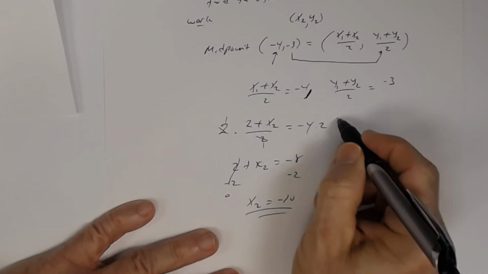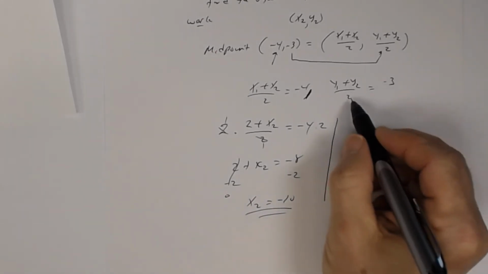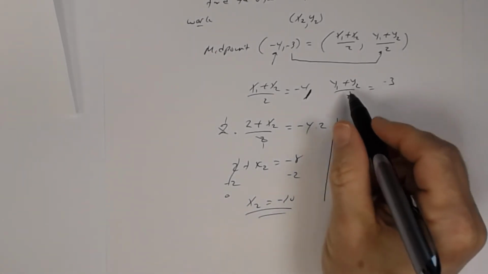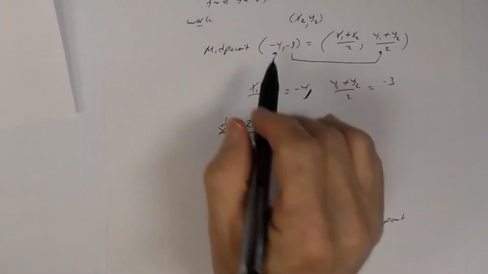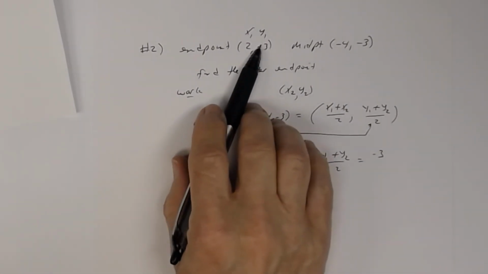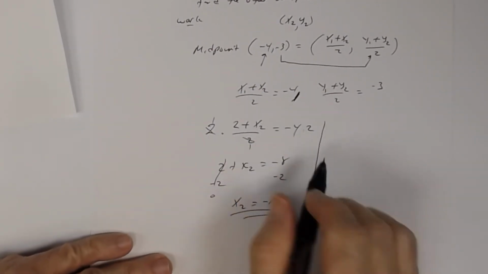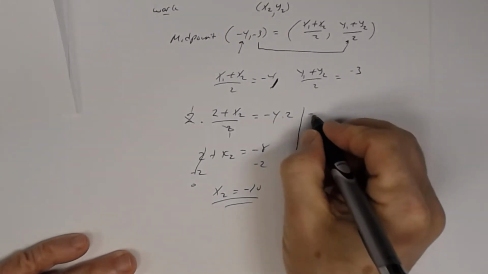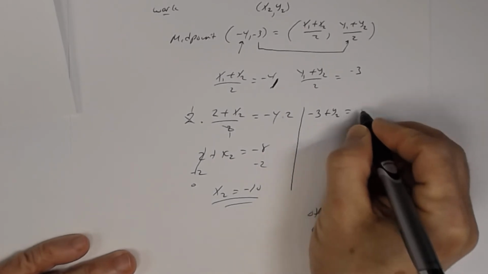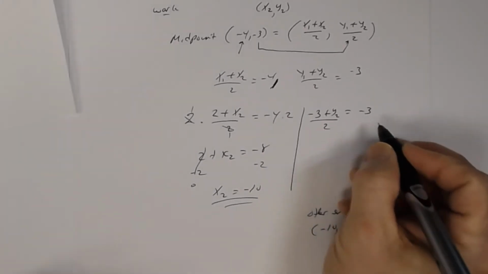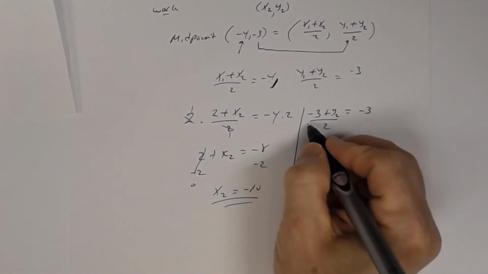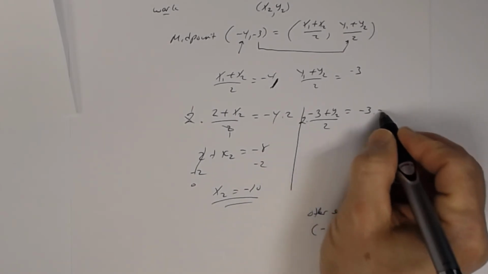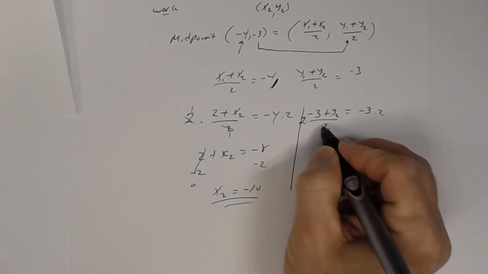Now let's find the y-coordinate. Do the same thing. So let me go ahead and rewrite this over. So y1, remember, is up here. y1, remember, is negative 3. So I'm going to substitute that in place of y1. So I get negative 3 plus y2, I'm sorry, divided by 2 equals negative 3. All right, so I'm going to multiply both sides by 2 to clear those fractions.